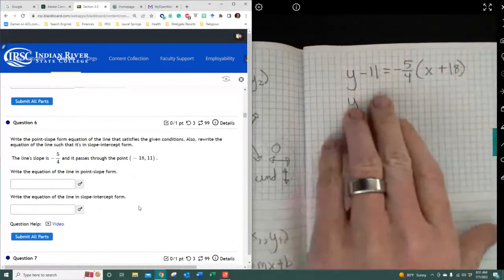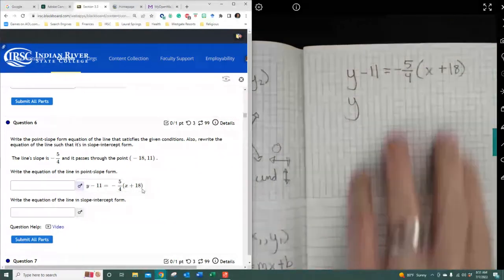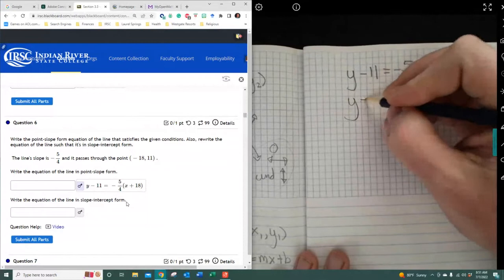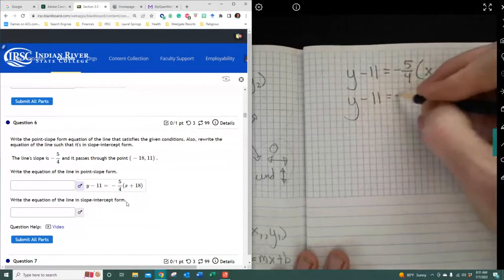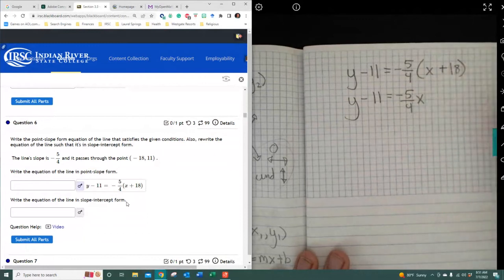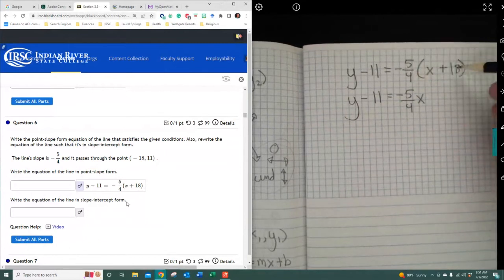Oh, by the way, that's the answer to the first question. All right. There it is. Now I go to do this distributive property. And then 4 doesn't go into 18, but 4 does get reduced by 2, so I would do this.